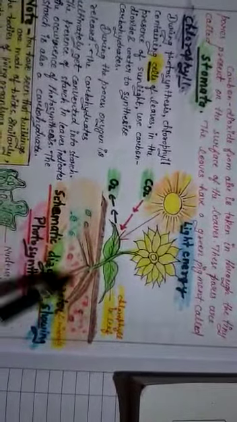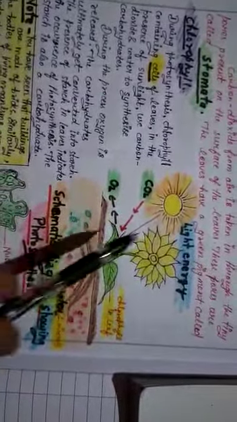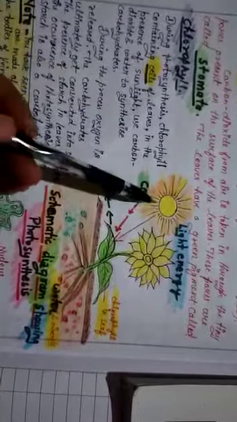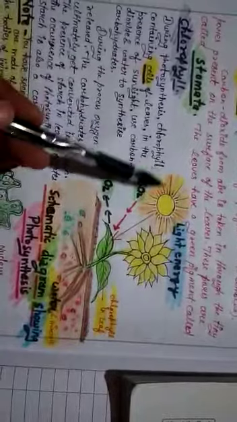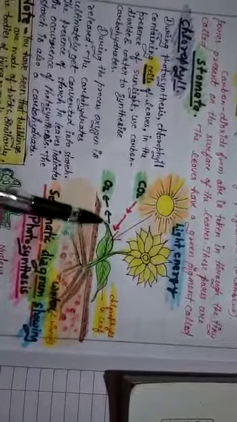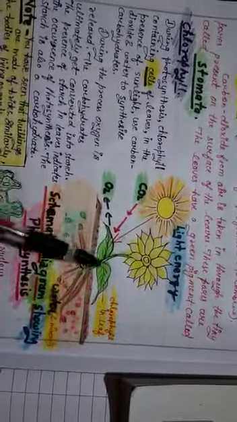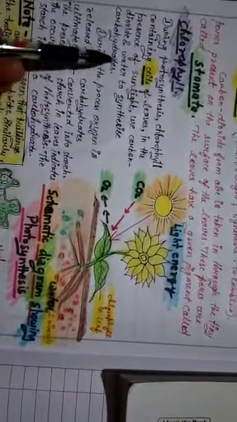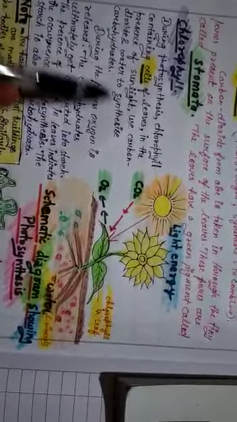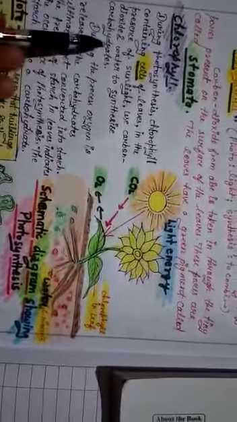This is a diagrammatic form. This is showing the photosynthesis process. Here, in the presence of sunlight, the plant uses carbon dioxide and water to synthesize a carbohydrate. This is the form of food which is made by plants.